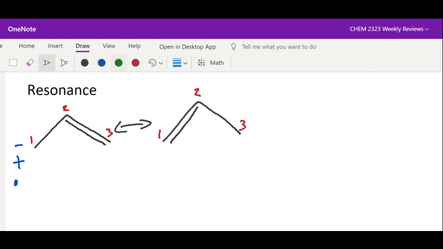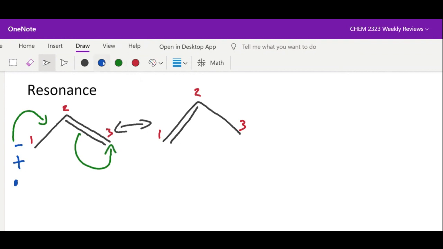Now, this charge is going to come here, and that will force this double bond to go to this atom.